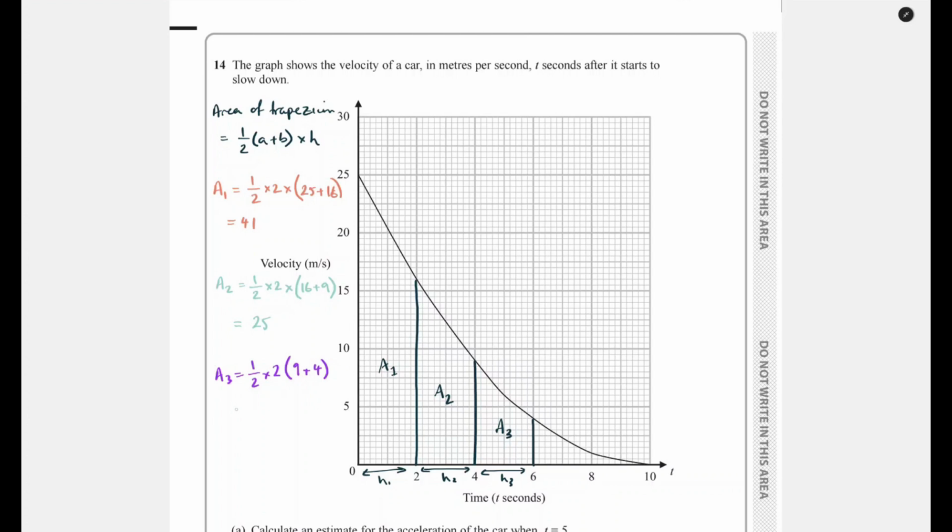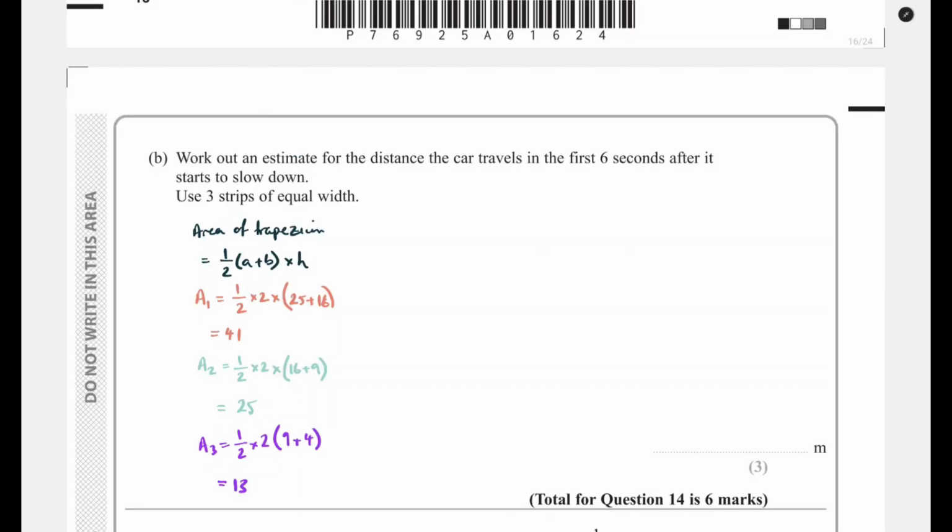If you plug that into our calculator, we get 13. And so to work out the total distance that the car travels in the first 6 seconds, we've just got to add up all these values. 41, add 25, add 13, and that should be 79.